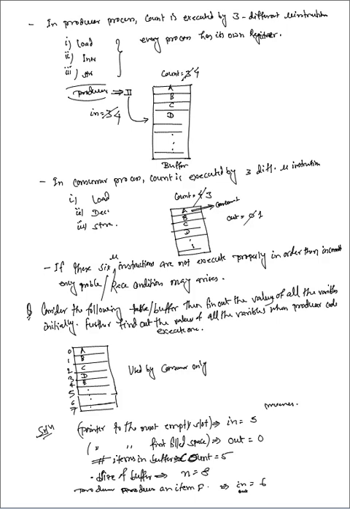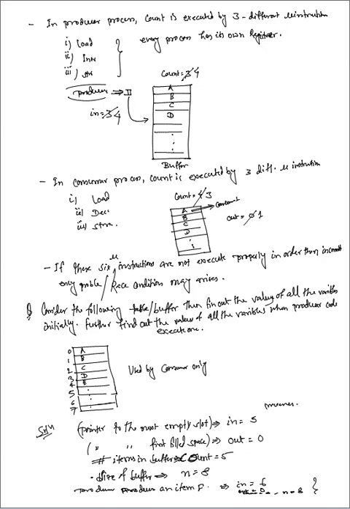Out equals 0 because we have not consumed till now. Then the items in buffer, count will be 6. Initially it is 5, and the size of buffer will not change, n equals 8. If we execute the consumer, the value of in is what? 6. Out will be 1, count will be 5, n equals 8.